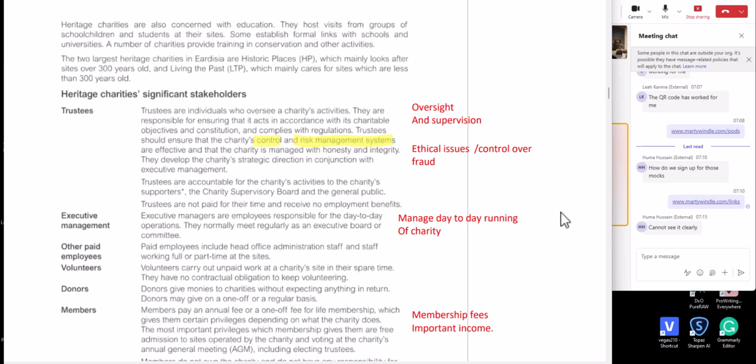Why no NEDs? The reason is that there is already oversight by the board of trustees. The board of trustees are directly overseeing the executive board, and they will be actively monitoring the board's performance. So in some ways, you don't need NEDs.